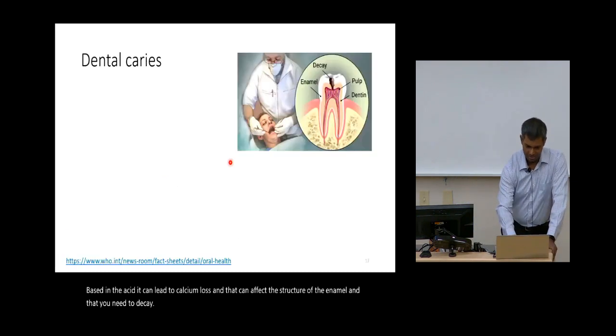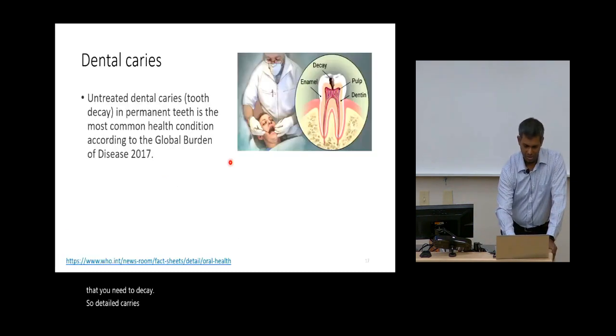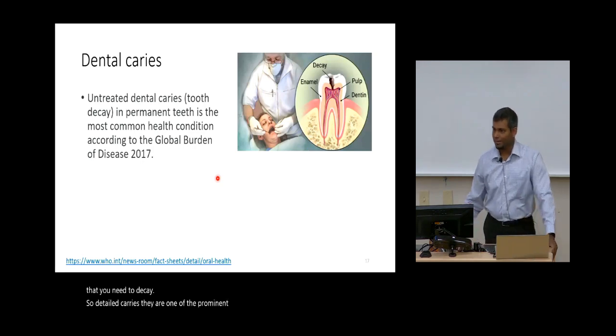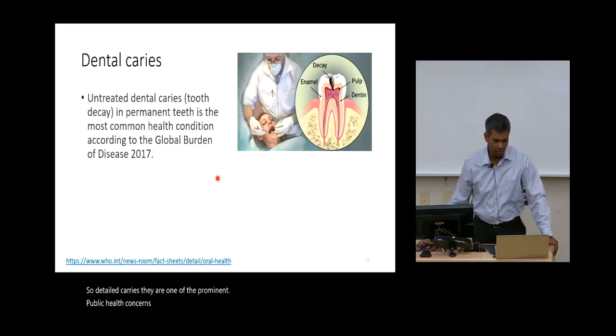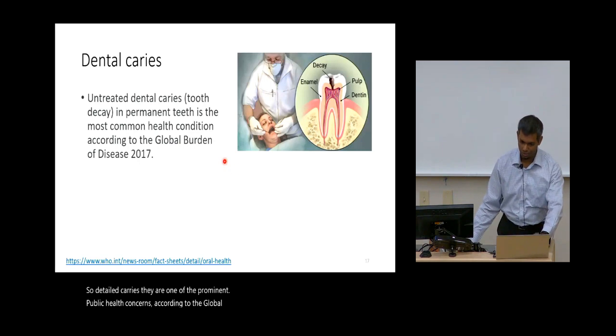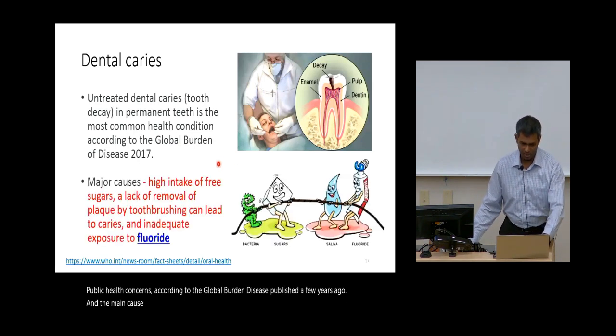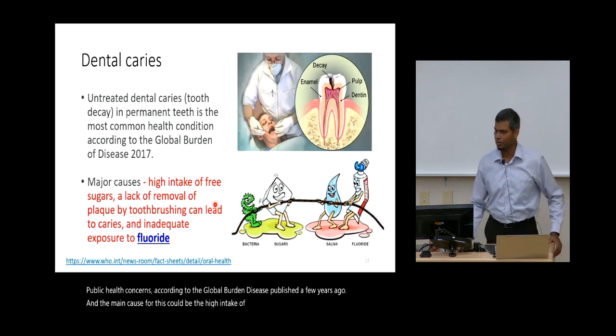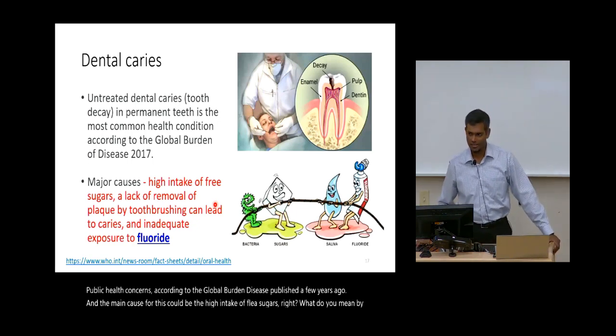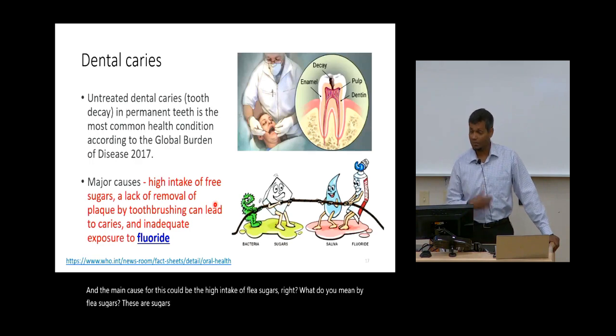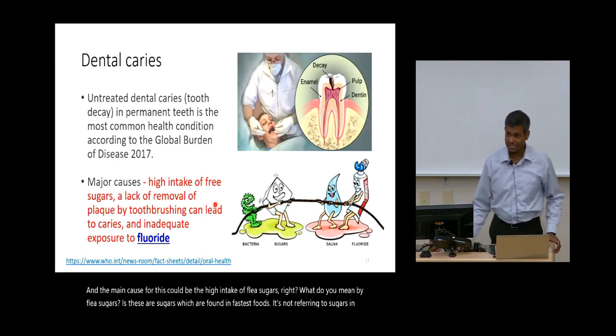So dental caries, they are one of the prominent public health concerns according to the Global Burden Disease published a few years ago, and the main cause for this could be the high intake of free sugars, right? What we mean by free sugars is these are sugars which are found in processed foods. It's not referring to the sugars in fruits, and that's one reason.